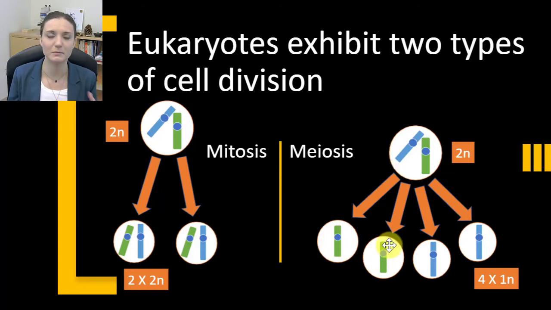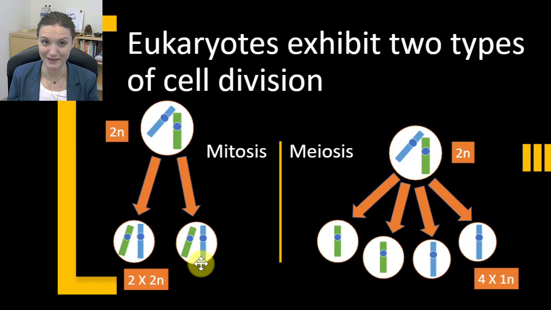Meiosis is most commonly used to make gametes, sex cells, sperm and egg, that are used for reproduction. In meiosis, there's a lot of DNA mixing between the chromosomes of the parent cell, and then these cells can recombine with other haploid cells, ideally from a different individual, to get back to that diploid stage. So in meiosis, we go from diploid to haploid.